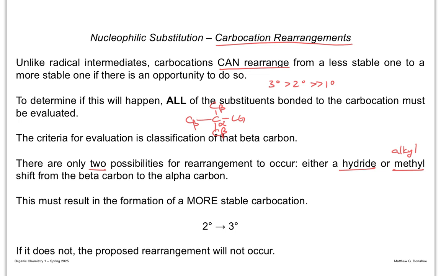So for example, if you originally start with a leaving group that's secondary, then you evaluate the beta carbons and you say, hey, look, if I move this group over, the new carbocation will be tertiary. That will happen because it's more stable. And now the substitution is not occurring at the original carbon bearing the leaving group.